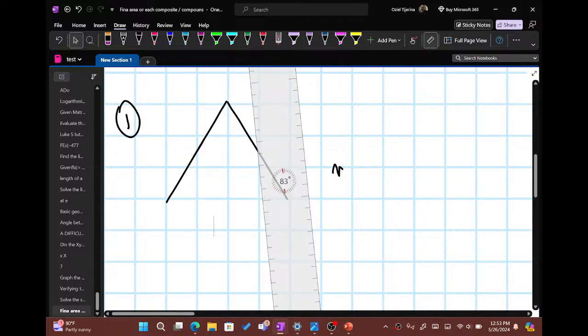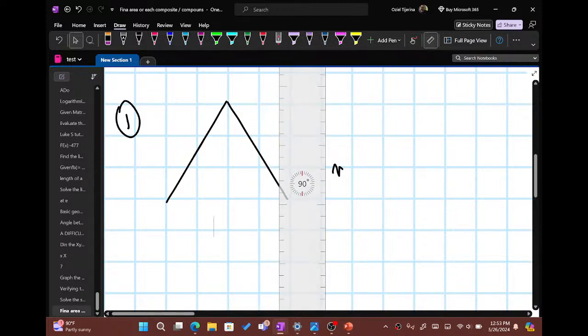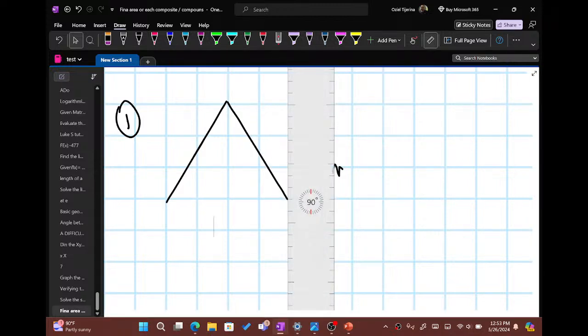There's this part, and then obviously there's the square part, right?